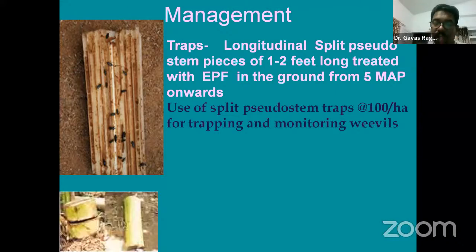We take a pseudostem, we longitudinally cut it, and we smear the exposed flat side with an entomopathogen, the entomopathogenic fungus called Beauveria bassiana, and we place these pseudostem traps at the rate of 100 numbers per hectare, which is an effective method both in trapping as well as for monitoring the presence and taking management options for controlling the pseudostem weevil.